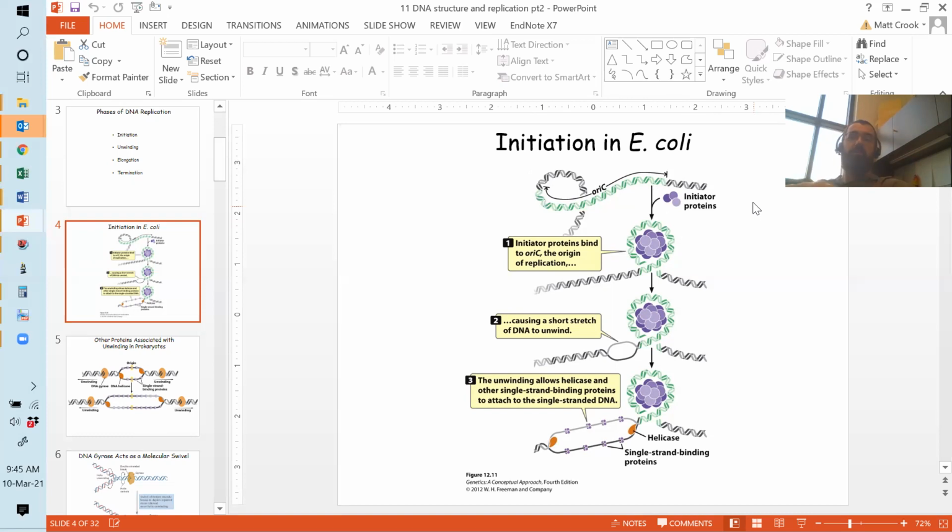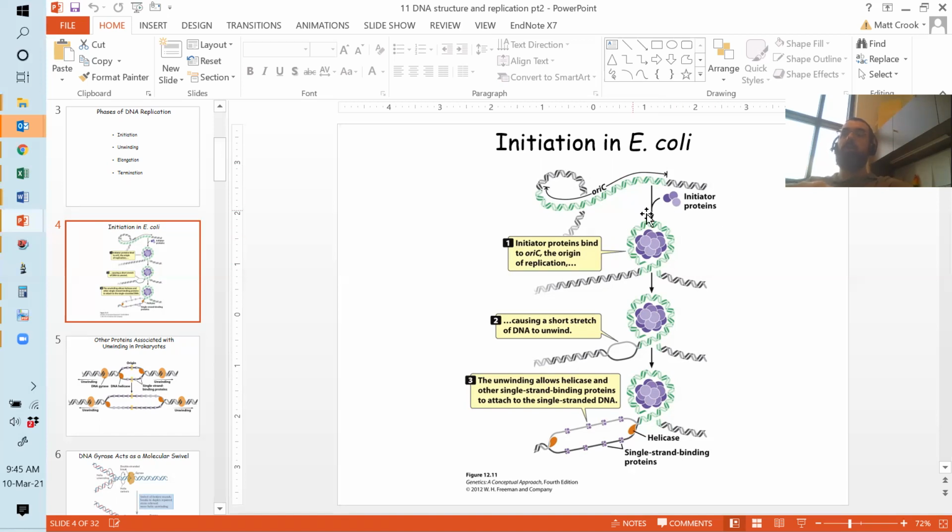And what they do is they bind that origin of replication and they bend the DNA. Essentially they're going to be twisting the DNA around, and in doing so, it pops open a bubble. It's almost like you get a piece of rope, and if you twist it in a certain way and then give it a motion opposite to the twist of that rope, you'll force the strands to unwind.